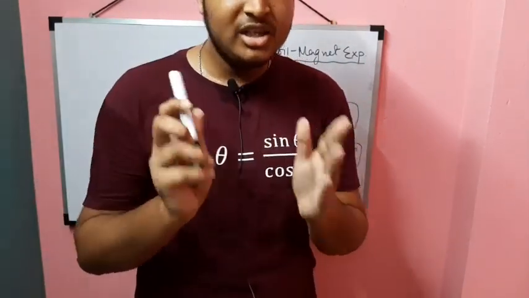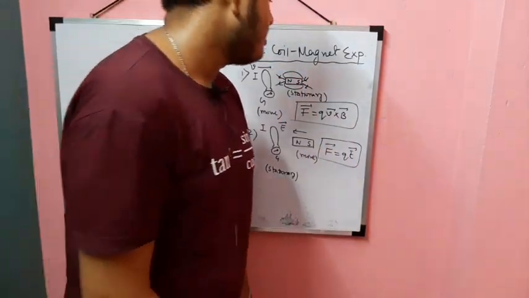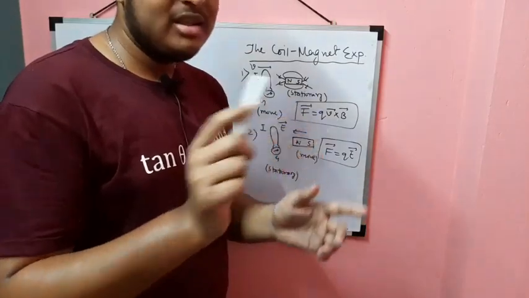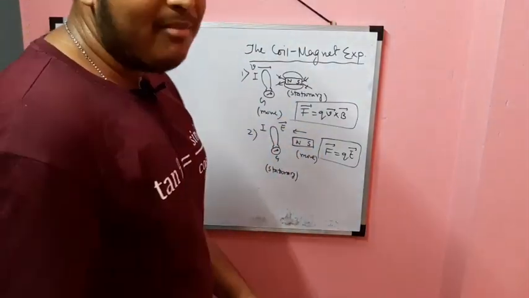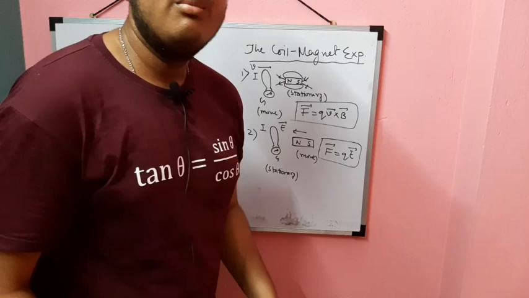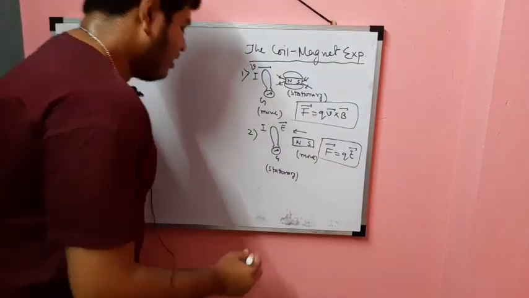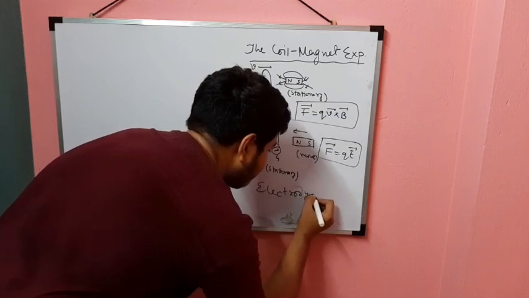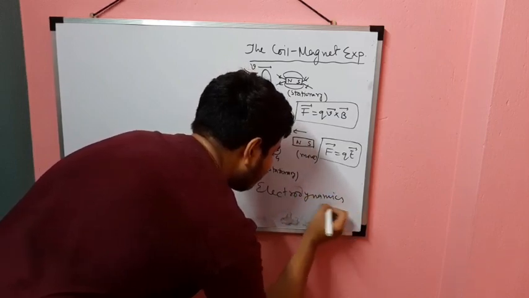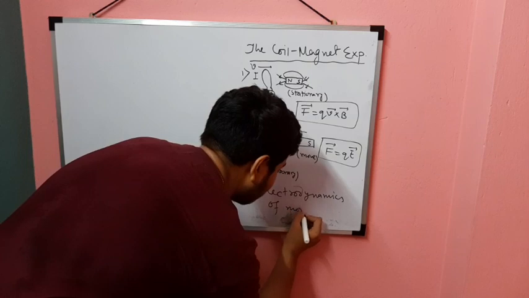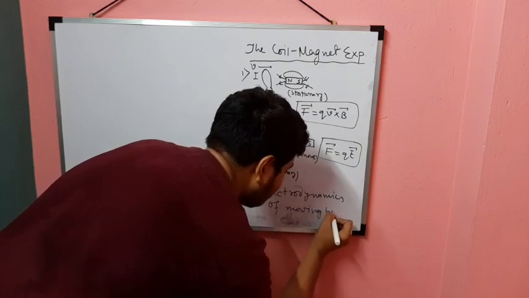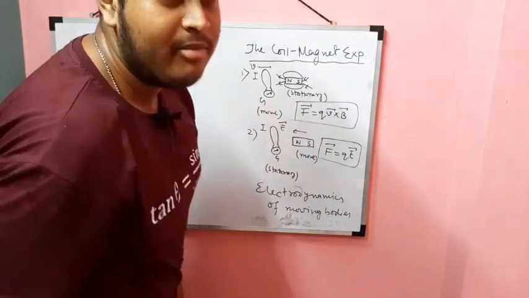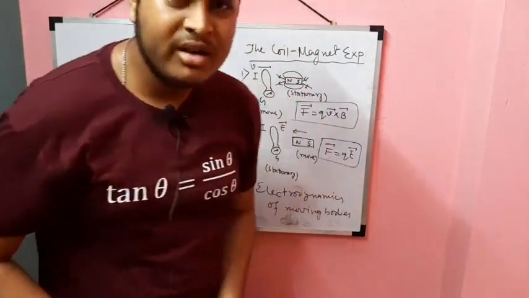On that research paper he published, the research paper is not named the special theory of relativity, it was named the electrodynamics of moving bodies. It is the research paper in which Sir Albert Einstein published his special theory of relativity.